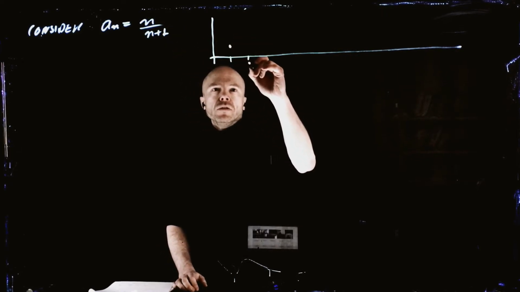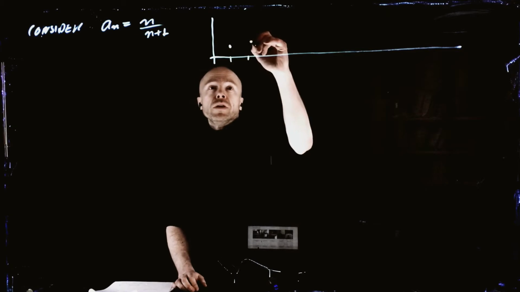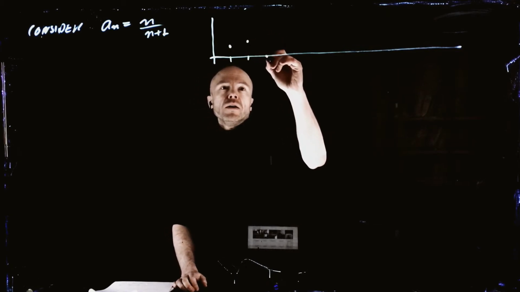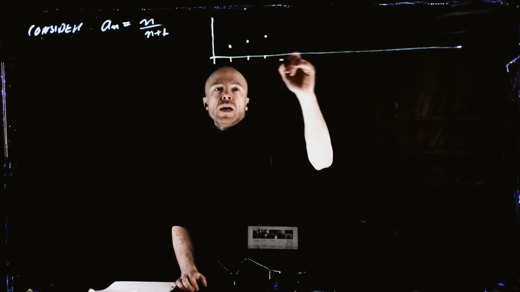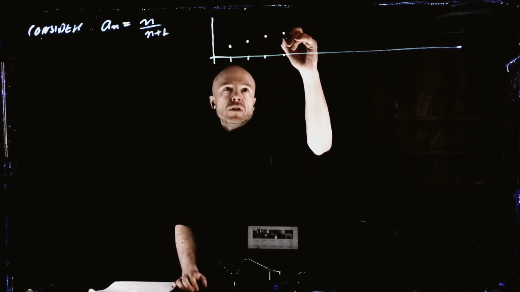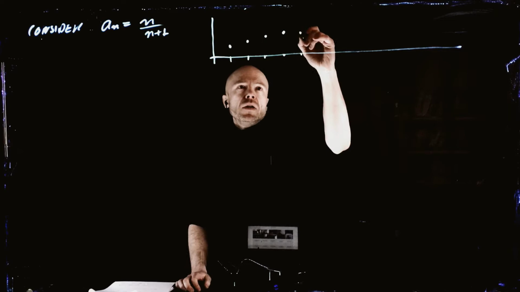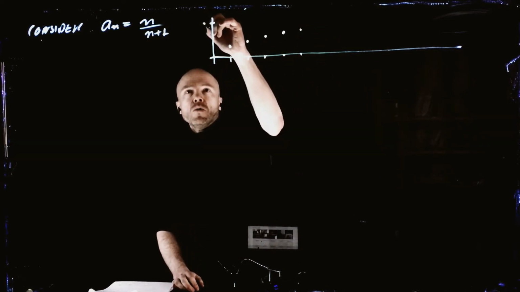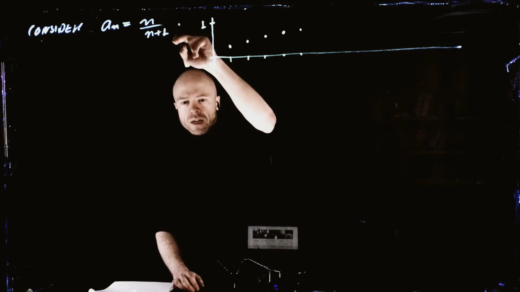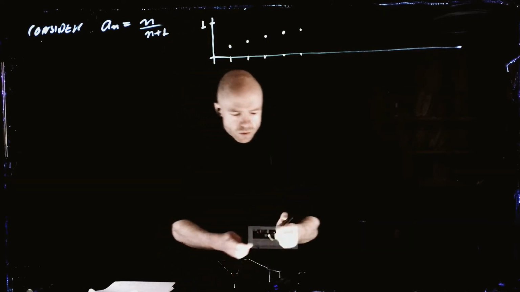When we have 2, we're going to have 2 over 3, which is a bit higher. Yeah? When we have 3, we have 3 over 4, and so on. When we have 4, we have 4 over 5. 5, we have 5 over 6, and so on. If we put 1 here, we notice that this thing is always less than 1. Yeah? This thing is always less than 1.